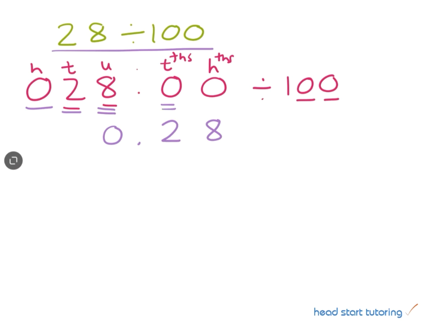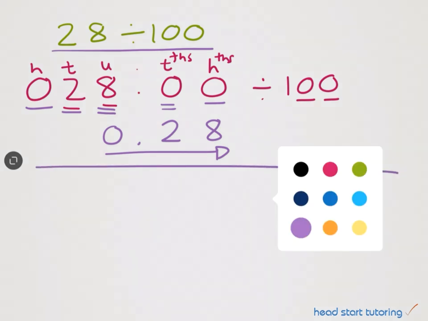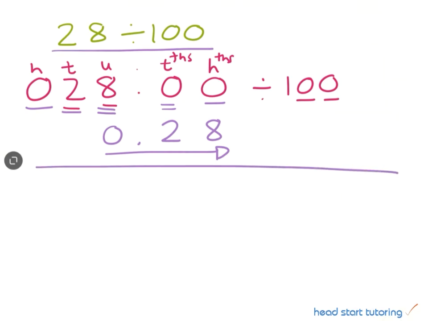You can put these zeros at the end over there, but that doesn't change the value of your number at all, so you can just leave them out. So our answer is 0.28. Right. If we now have a look at the other method that we went through, so 28.0 divided by 100, and we can put a placeholder at the front.